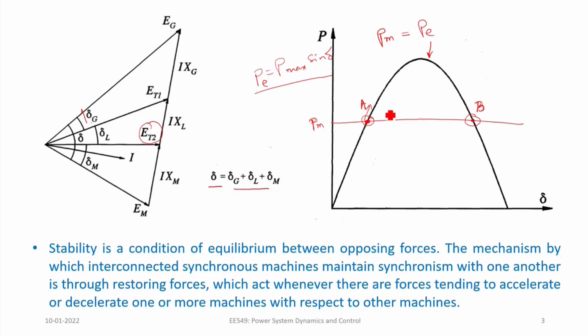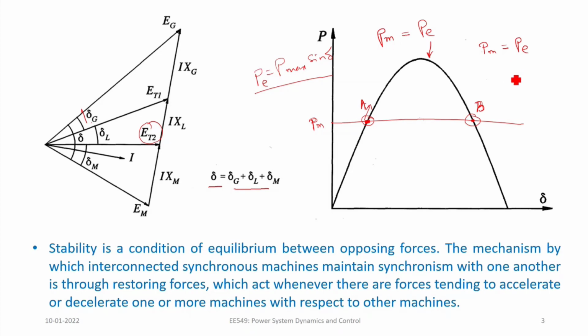Then what will happen? When you reduce the load of the system, your PM is constant, right? And your P will become different, because under steady state condition PM is equal to P. Okay.